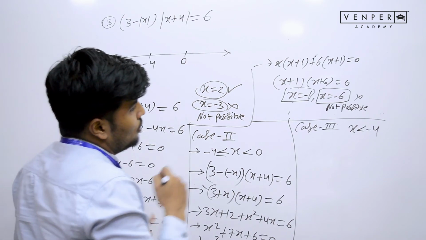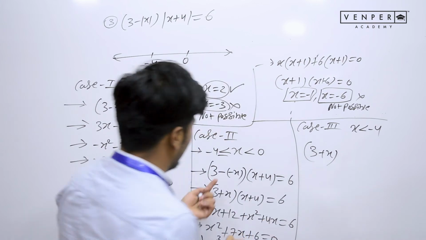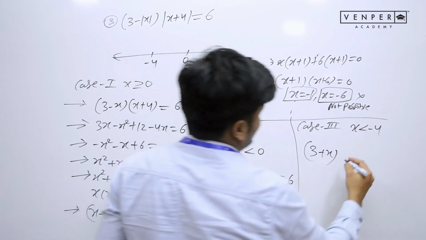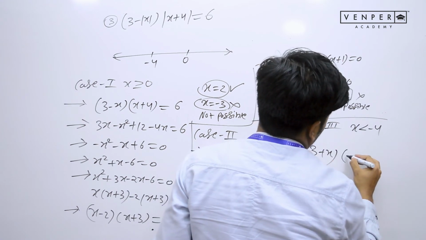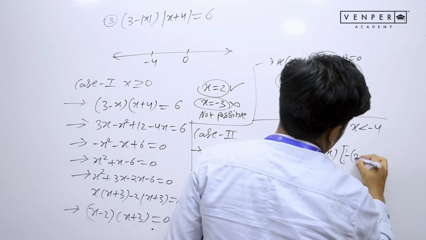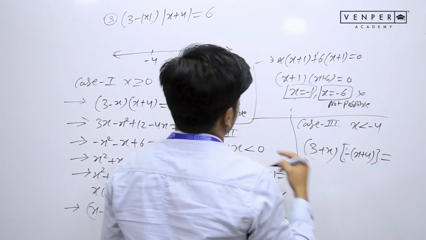So this will be negative, and this will also be negative. So 3 + x will become minus, minus plus, same thing. And this will also be negative. So a minus sign will come: -(x + 4) times x = 6.